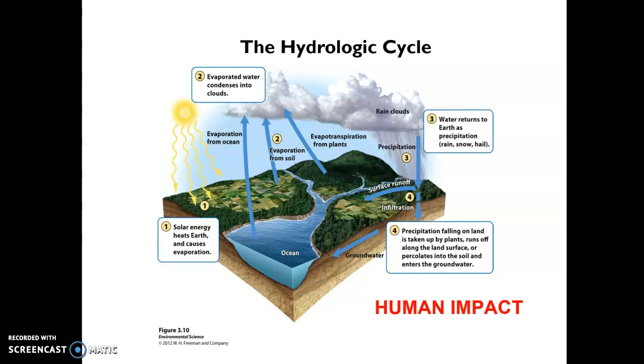A third major impact is blocking the flow or changing the flow of water. So we often put up dams that go across rivers, and that holds back the water, creates a reservoir behind it, which is going to change that ecosystem that previously existed and decrease the amount of water downstream.